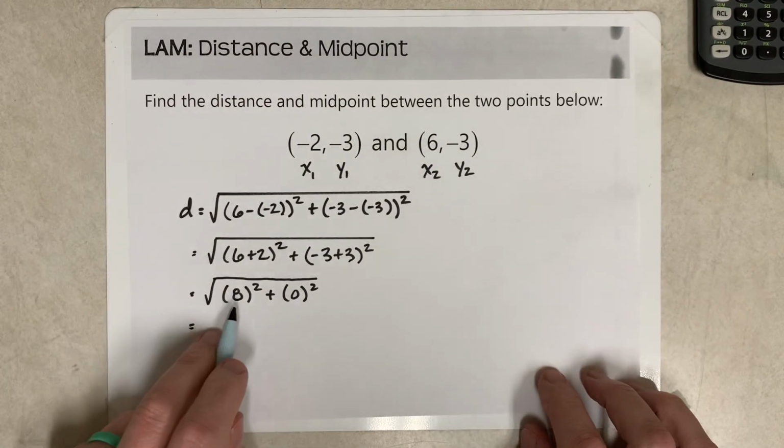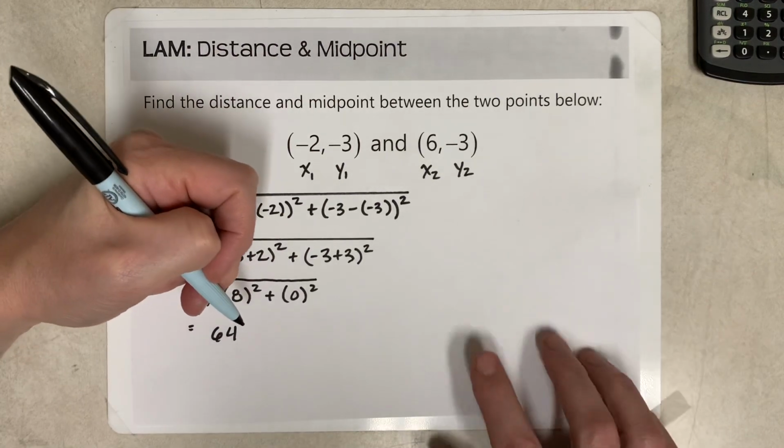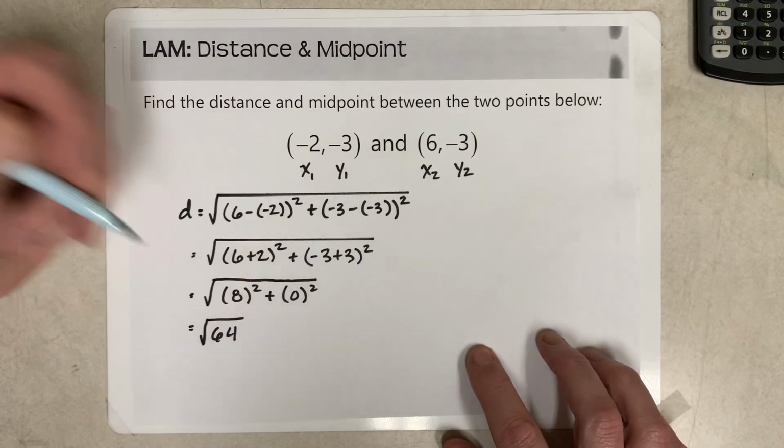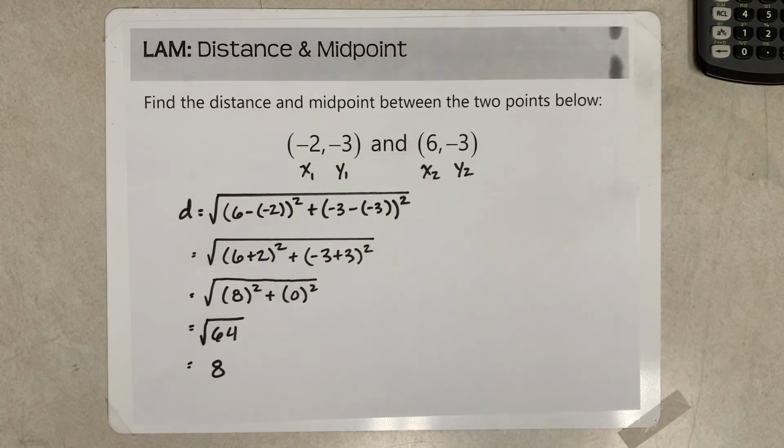So now we have 8 squared plus 0 squared, so 64 plus 0, just nothing happens. And so then the square root of 64 is going to be 8. So it's a distance of 8 units between those 2 points. If you graph them on the coordinate plane, you'll be able to see clearly that there is a distance of 8 units between the 2 points.